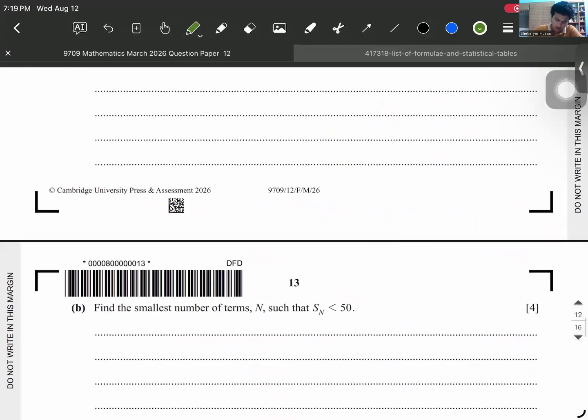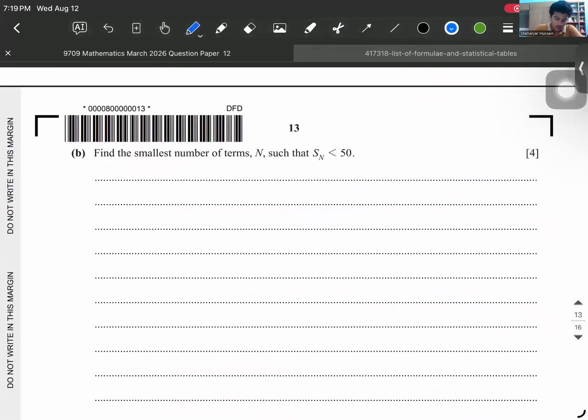Okay. Moving on to question number 10, part B. Find the smallest number of terms n such that the summation of n is less than 50. The formula for the summation of n is n upon 2, 2a plus n minus 1 d.